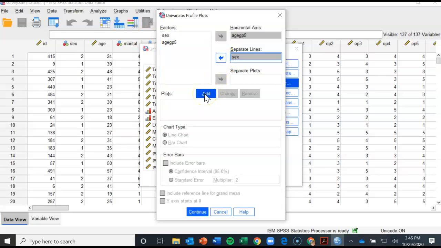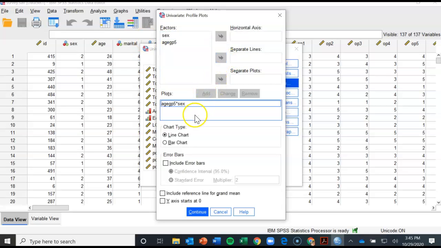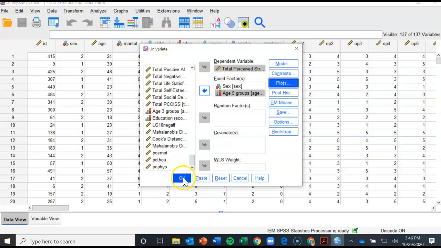And then you click Add. What this will give us is a line chart that will plot out 1 line for males and 1 line for females, and you'll see males and females in each age group on that plot. And we're ready to go. So we click Continue and we click OK.